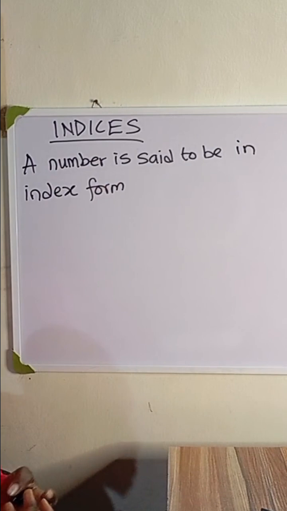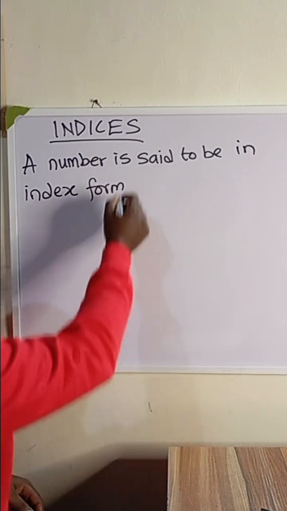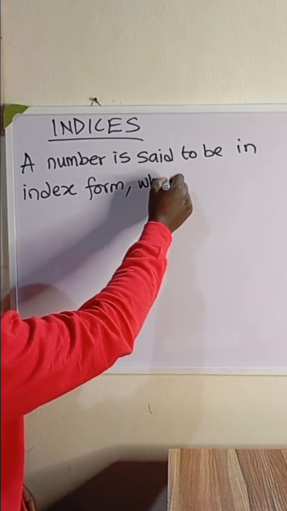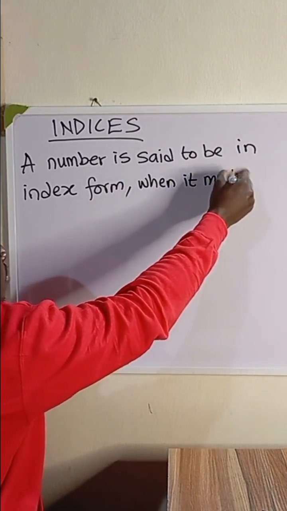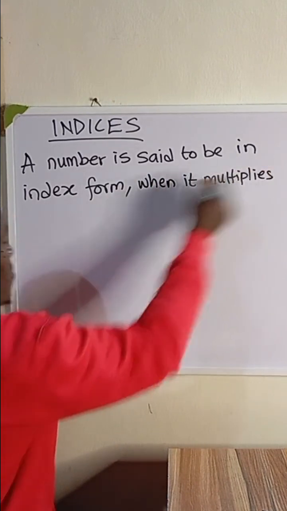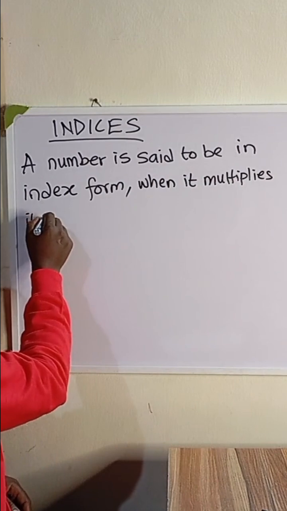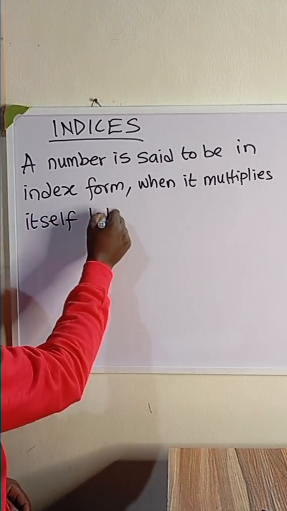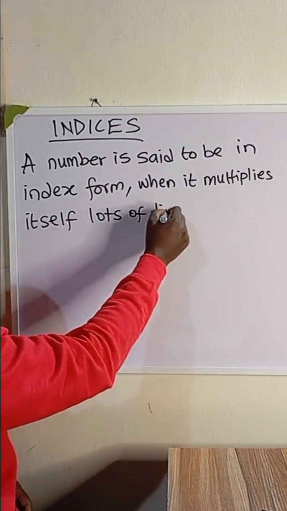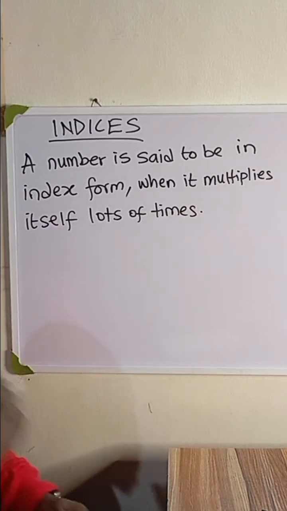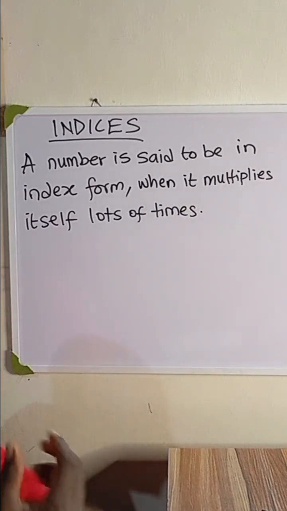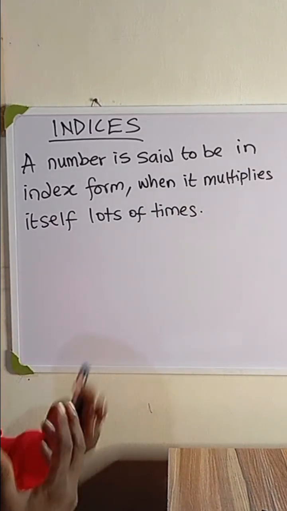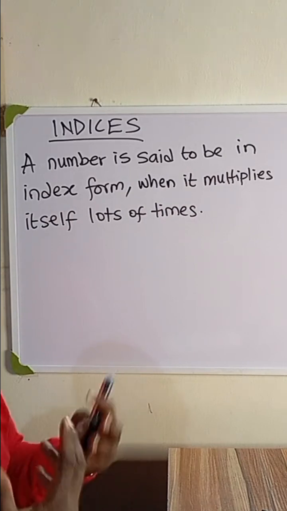A number is said to be in index form when it multiplies itself lots of times, or a couple of times.